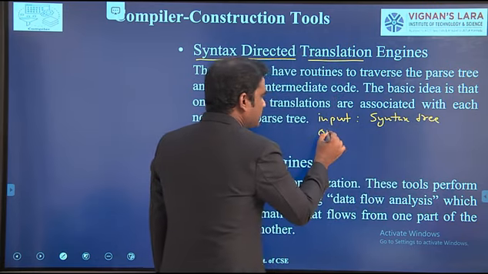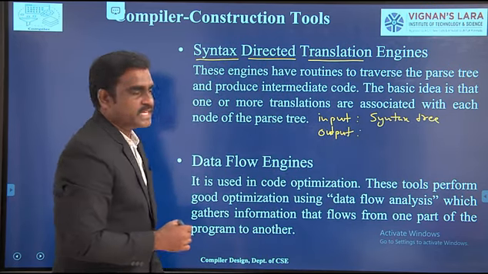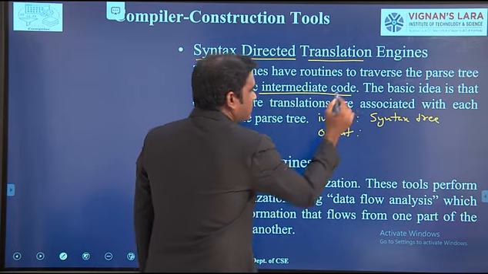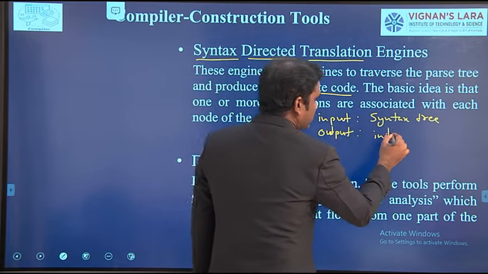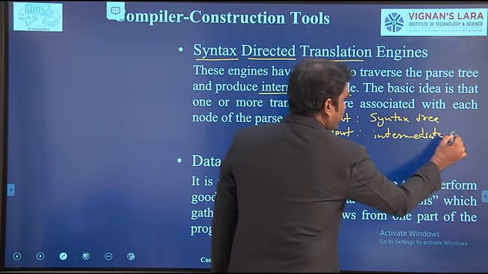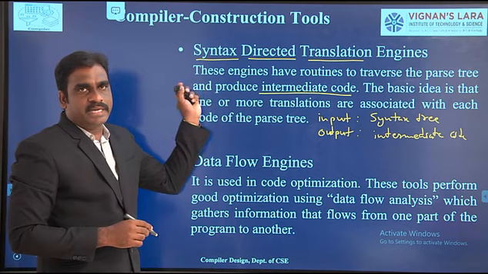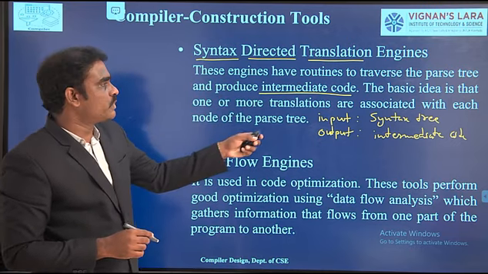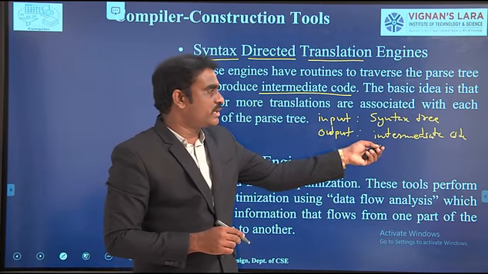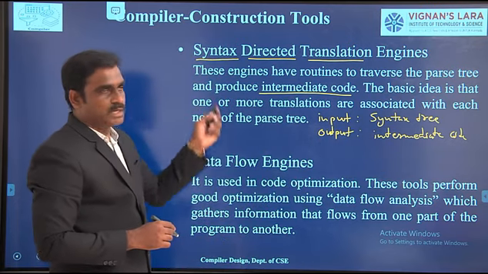And what is the output? It produces intermediate code. So the purpose of the syntax directed translation engine is to convert the syntax tree to intermediate code. So this is the third tool.